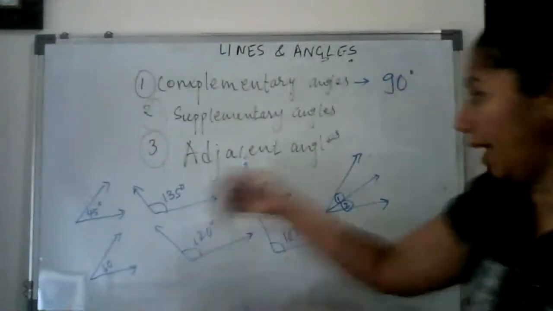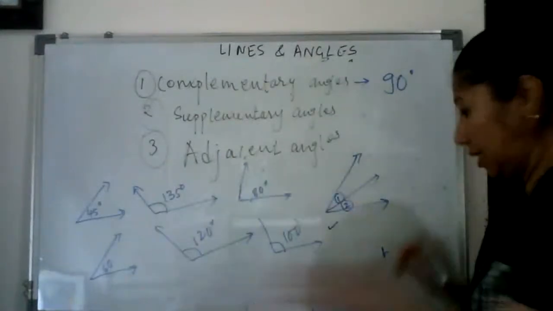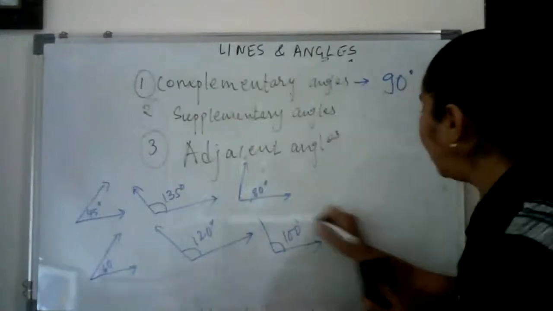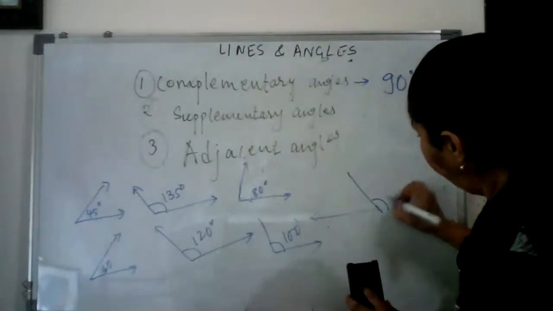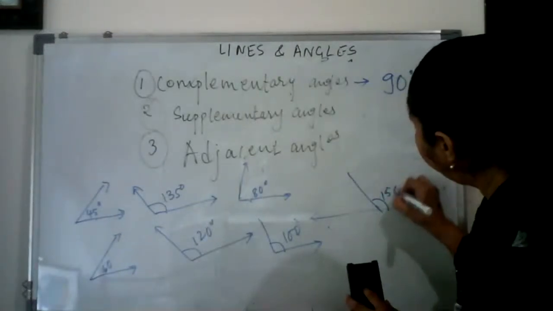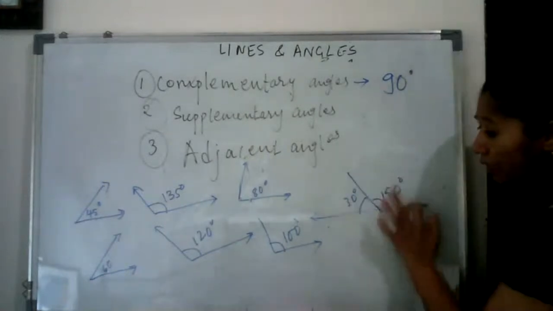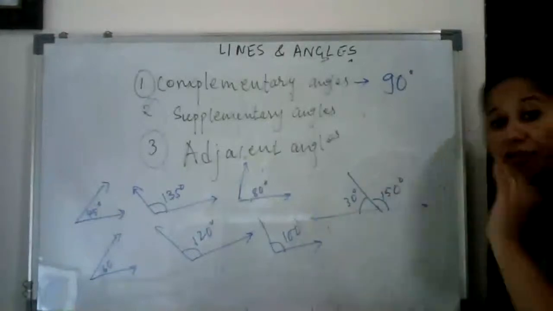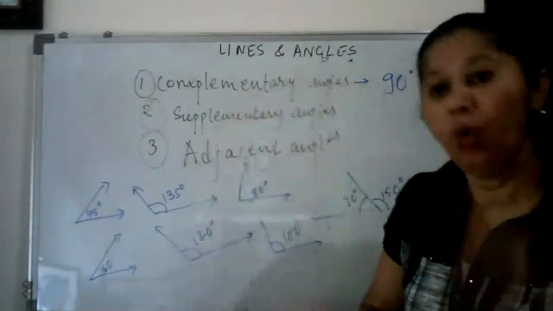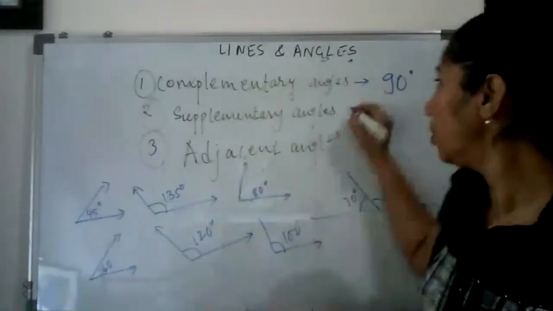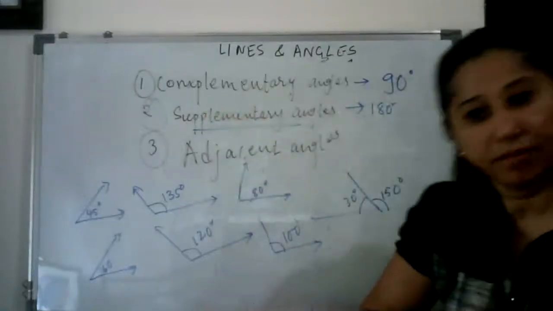180 degree. And when the two angles either separately or like this मतलब यहाँ जब मैं joint वाले एंगल बनाऊंगी तो कैसे बनाऊंगी? Okay, maybe say this is 150 degree and maybe say this is 30 degree. But anyway, टोटल कितना हो गया? ये एंगल का और ये एंगल का 180 डिग्री. और जब दो एंगल का टोटल 180 डिग्री होता है तो उसको हम क्या कहते हैं? सप्लीमेंट्री एंगल्स. फाइन.